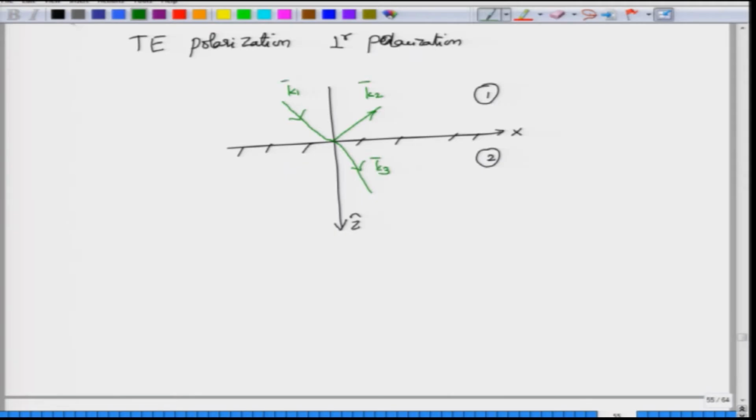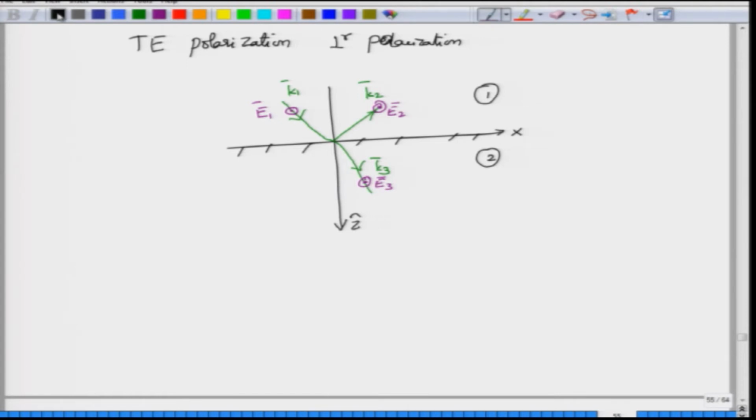And instead of the magnetic field being transverse everywhere, we will assume that it is the electric field which is coming out of the plane. So, this would be E1, somewhere here this would be E2, and here this would be E3, and in this case we assume that all these electric field components associated with the incident, reflected and transmitted waves are coming out of the board.